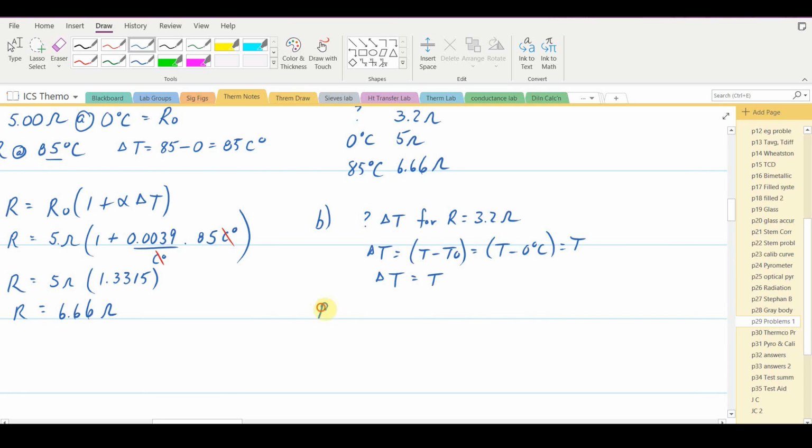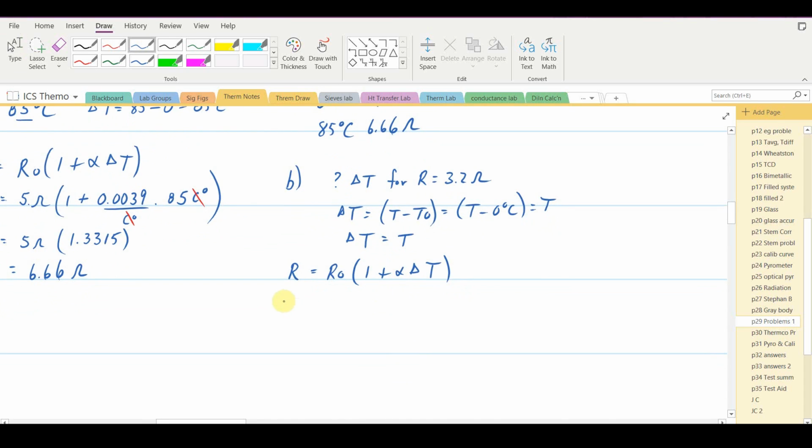All right, so R is equal to R sub 0 times 1 plus alpha delta T. Let's solve for delta T. Let's rearrange. We can say R divided by R sub 0, subtract 1, and then that whole thing divided by alpha will be delta T.